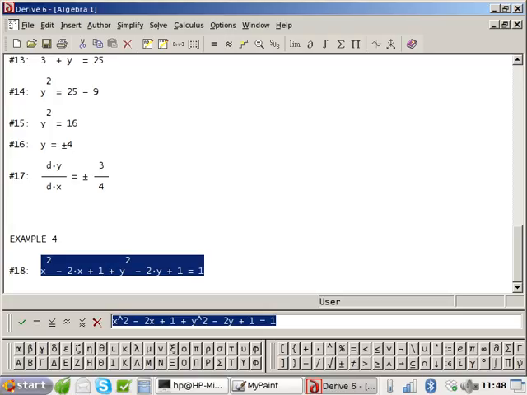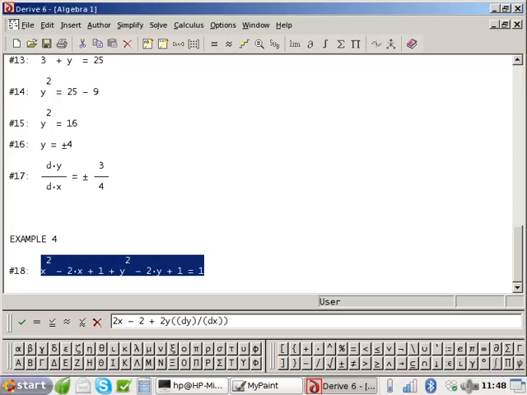So, I'll do it anyways for those who want to see. Firstly, the derivative. So, what's the derivative of x squared? 2x. Derivative of 2x, 2. Derivative of 1, 0. Derivative of y squared, 2y dy dx.